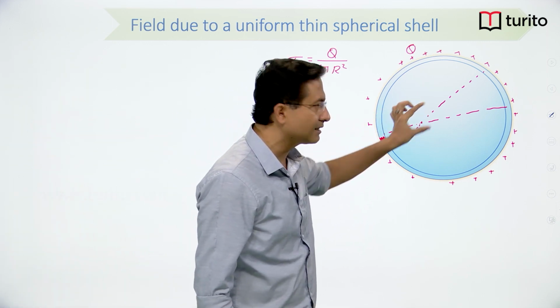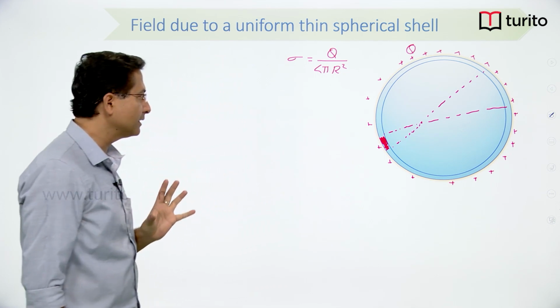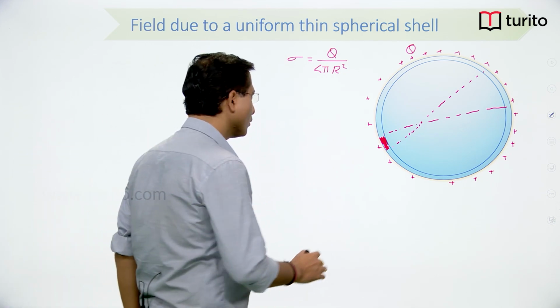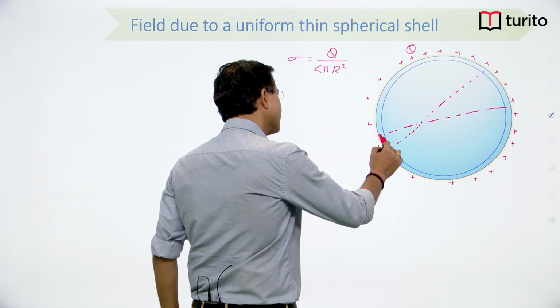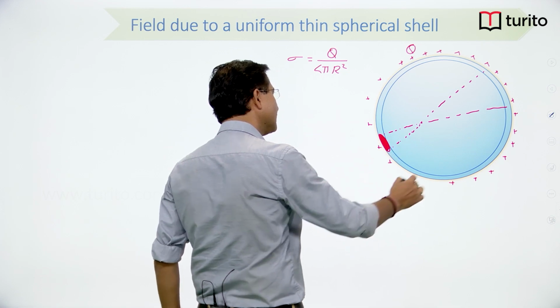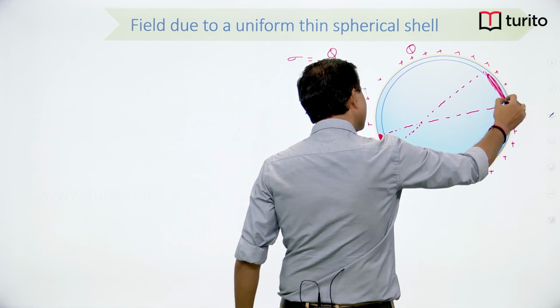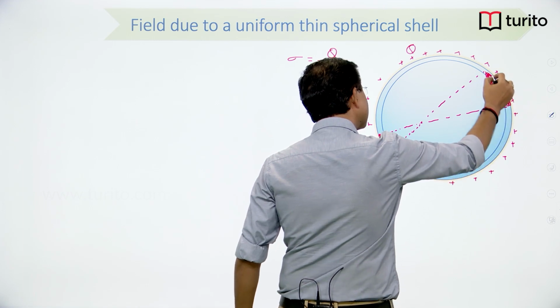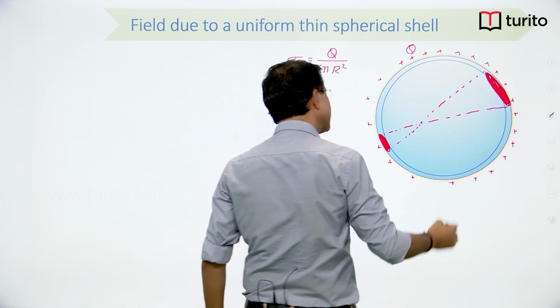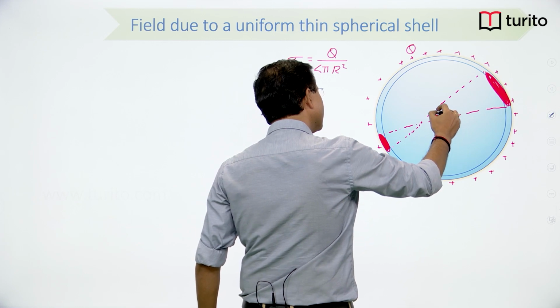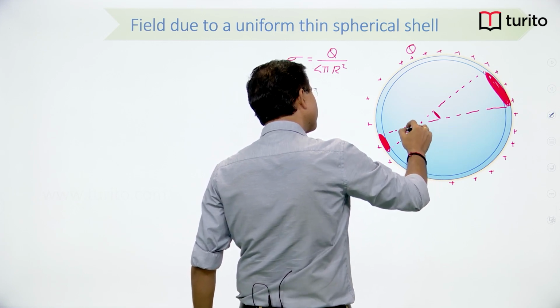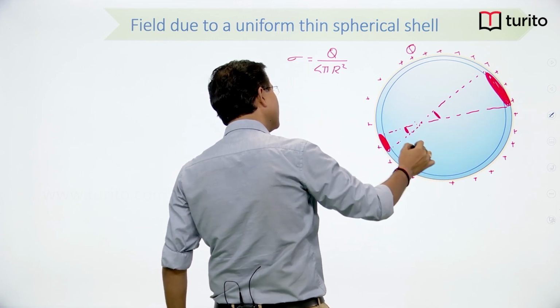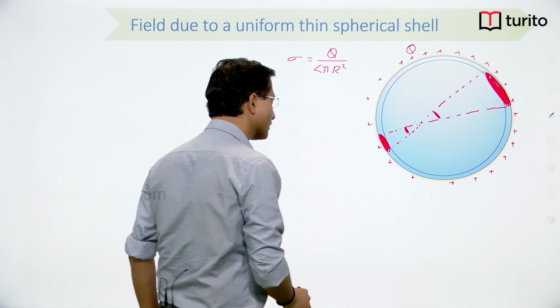So this angle and this angle are very small, right. So this element and this element both are subtending the same solid angle here and here. So the angle subtended by this one will be equal to the angle subtended by this one, right.